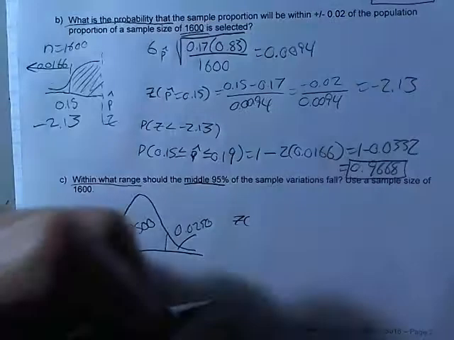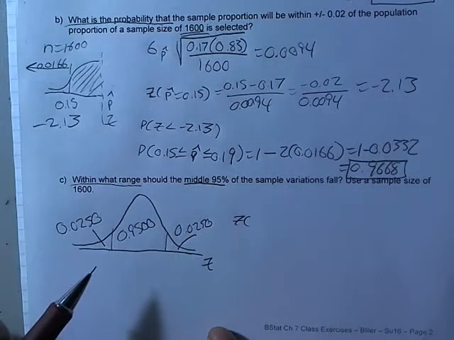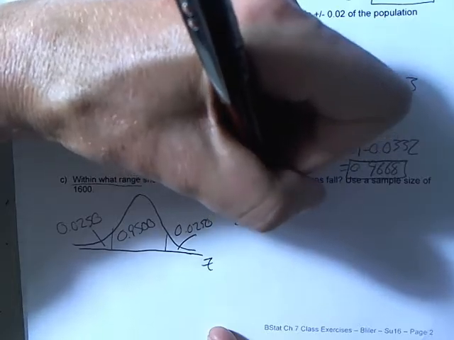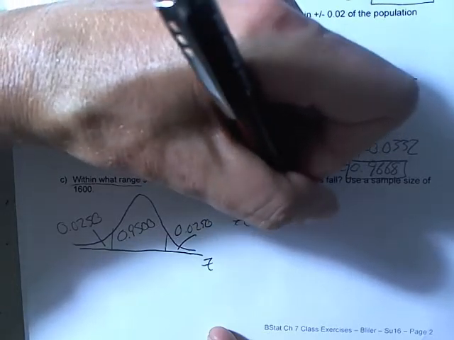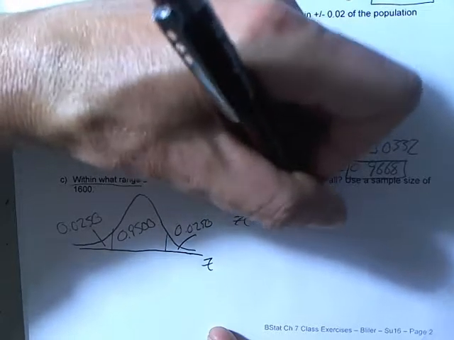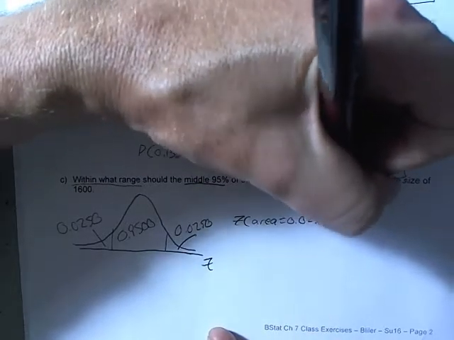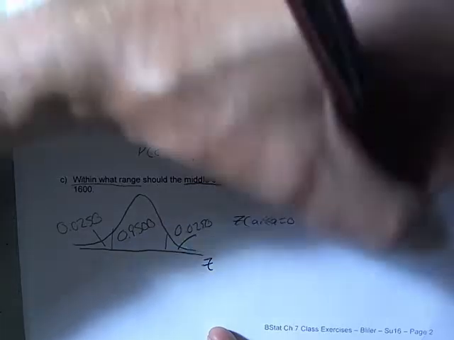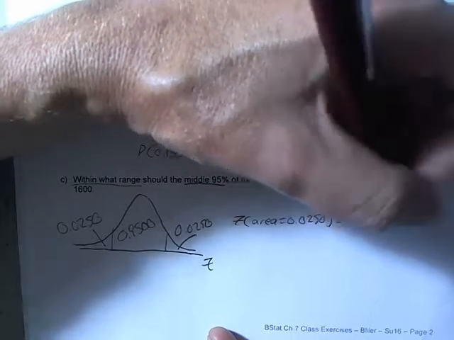Okay, let's go ahead and put a z number onto this lower boundary. So the z number that has an area of 0.0250 to its left is, and this is the most common z-value that you're going to encounter, so soon you'll know this one right off the bat.